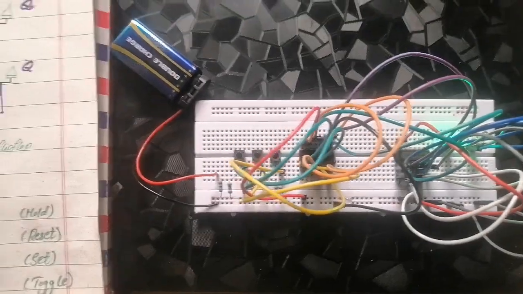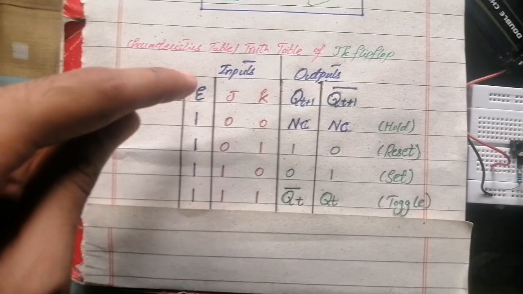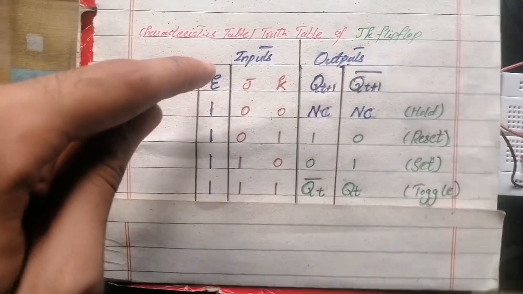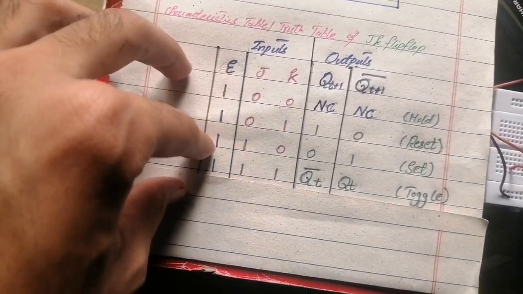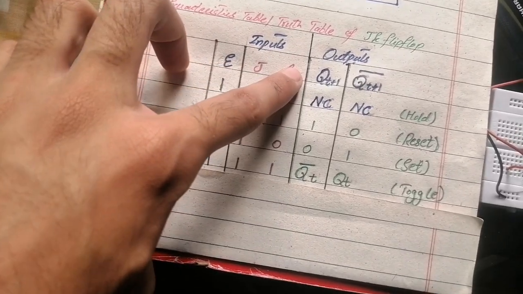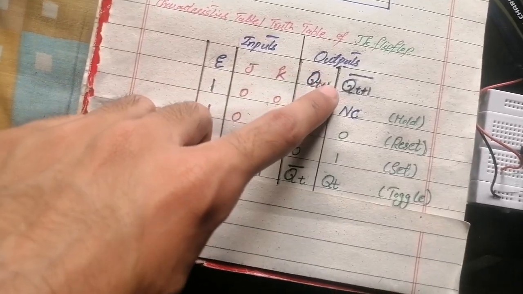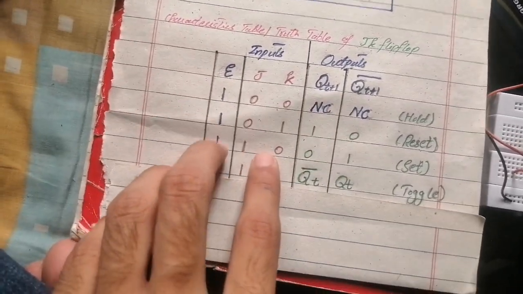So let's see the truth table of JK flip-flop. From the truth table we can see that for the enable signal 1 and the corresponding J and K, we will have the output accordingly.